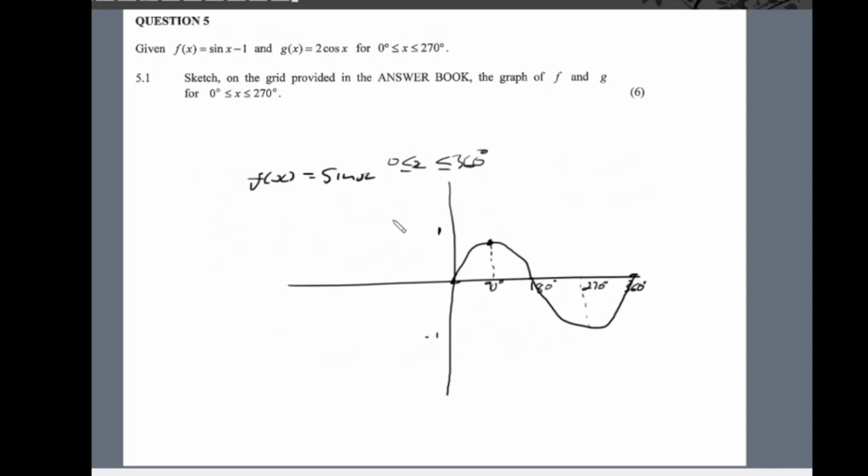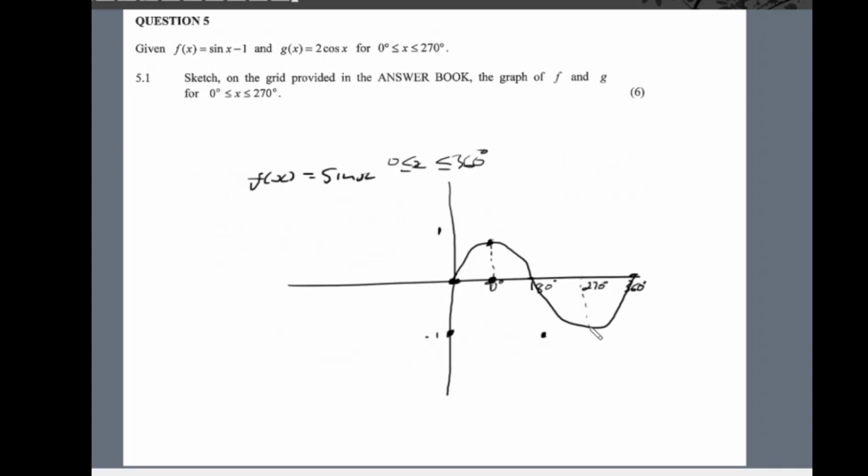Right, and then when you are sketching the graph of sine x minus 1, you are just shifting this standard function 1 unit down. Right, so the point leli you'll shift it 1 unit down lizokuza la. The point leli you'll shift it 1 unit down lizokuza la, and then the point leli you'll shift it 1 unit down lizokuza la.